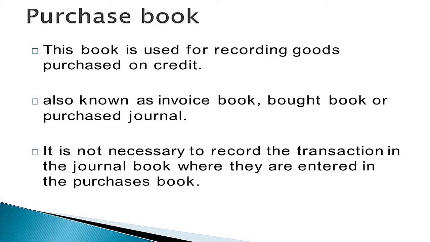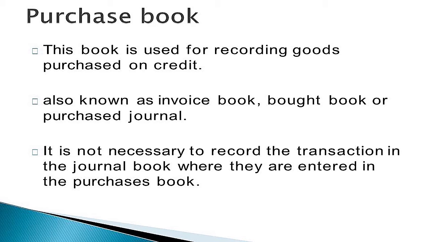Now we understand purchase book. This book is used to record goods purchased on credit. I'm repeating once again: purchase book is used to record goods purchased on credit. Cash purchase goes in cash book, asset purchase also in cash book.